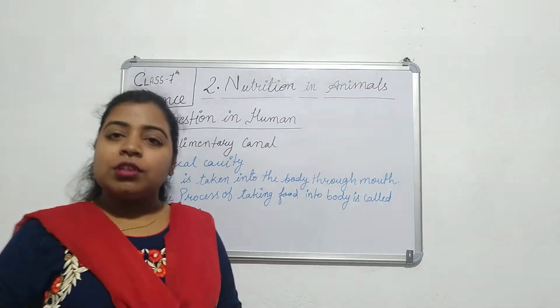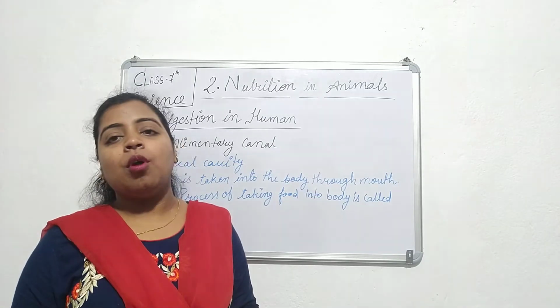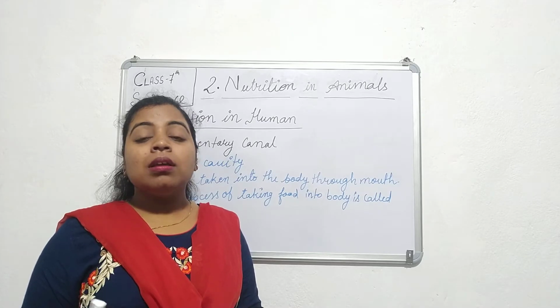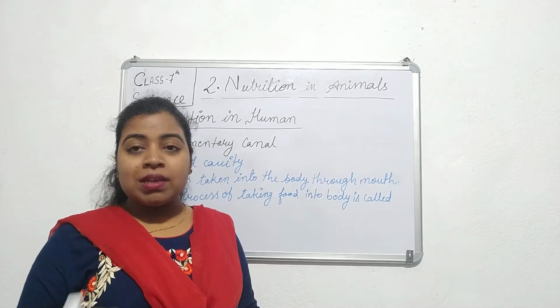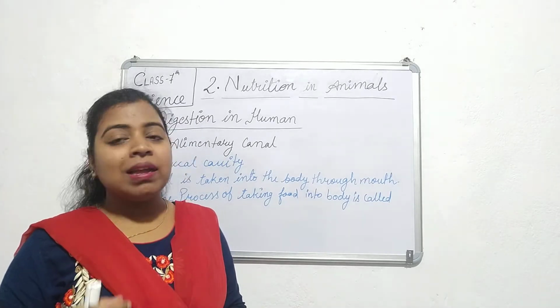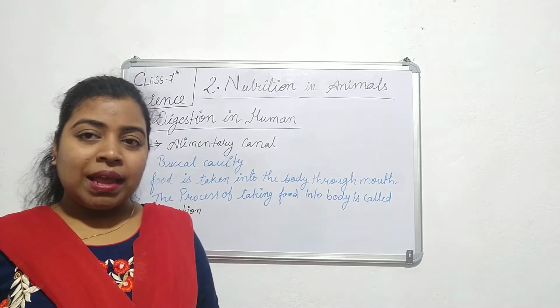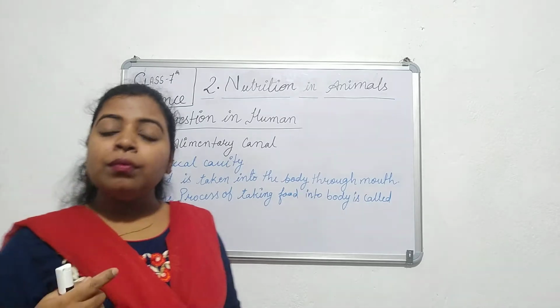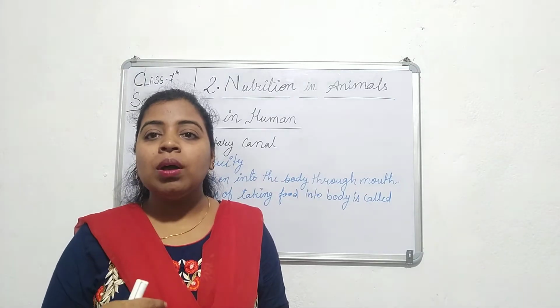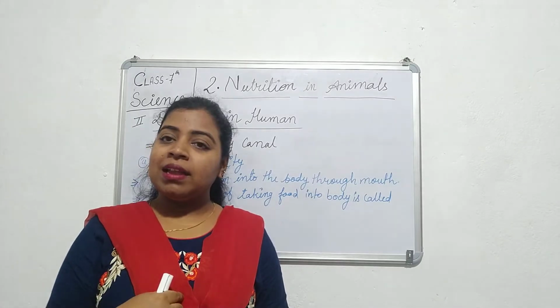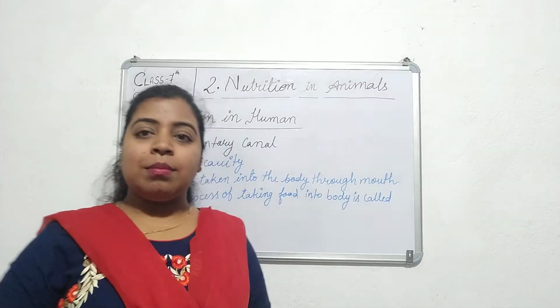This happens through our mouth. First, food is taken into our mouth and then it goes to our stomach through the food pipe. We chew the food in our mouth and then we swallow, and that swallowed food travels through our food pipe and reaches the stomach.